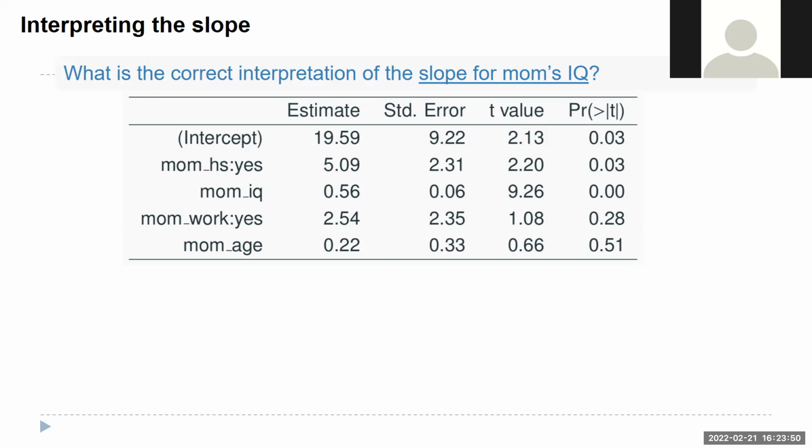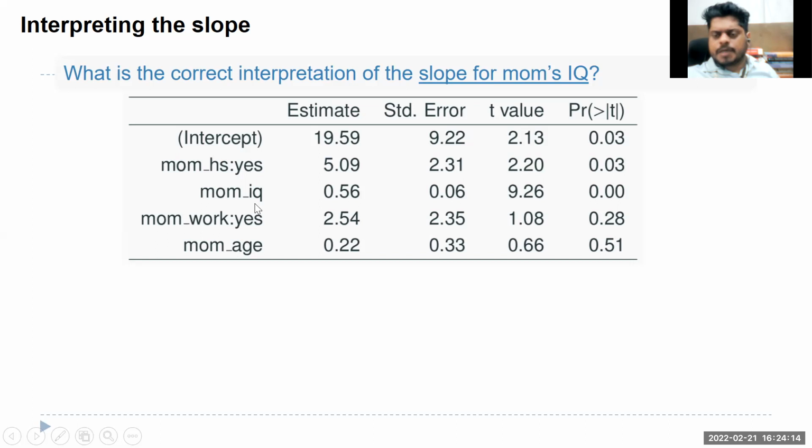Always start by looking at the significance level, whether the variable is significant or not. If I take my alpha as 0.05, 5%, the p value should give me an idea that yes, this is a significant variable in predicting the child's IQ.